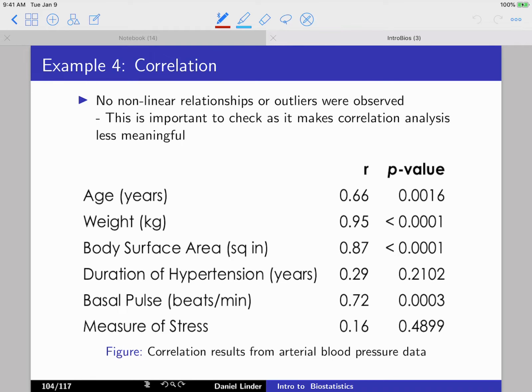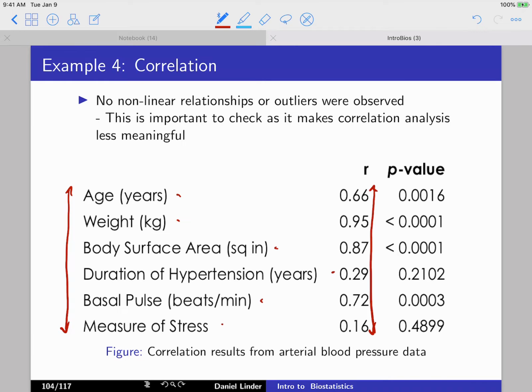This is what the output from the corresponding correlation analysis for this data set looks like. So what we have here are our different variables: age, weight, body surface area, duration, basal pulse, and measure of stress. And underneath this are the computed sample correlations.